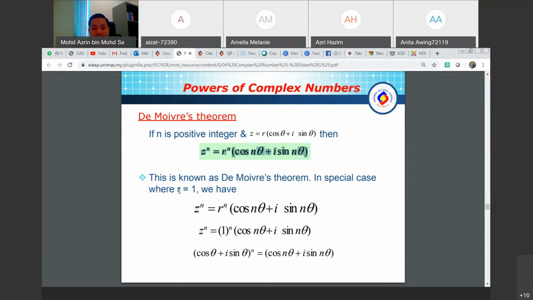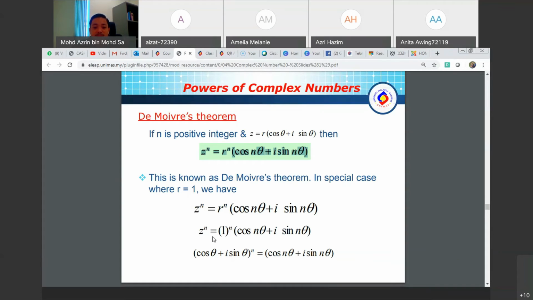In special case we denote R actually equal to 1. So bila kita letak R is equal to 1 in this equation, then you will get Z^n equal to 1 power of n. 1 power of 7 or 100 pun still 1 kan. So 1 power of n cos n theta plus i sin n theta.